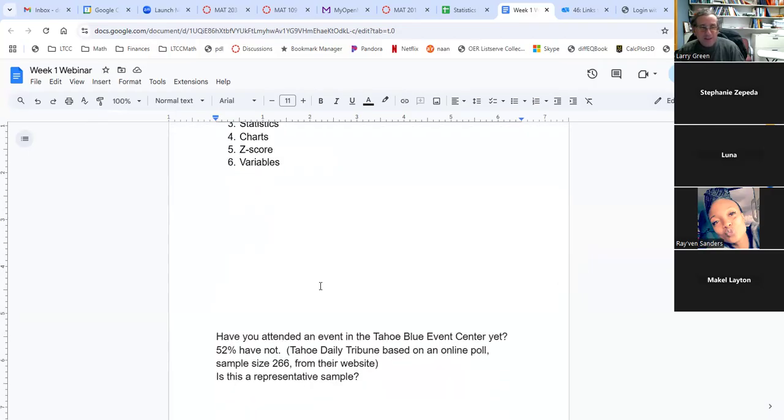Let me give you something that I read. I don't remember where everyone is from, but I'm in Tahoe, and Lake Tahoe Community College is in Tahoe. So I read the Tahoe Daily Tribune, which is one of our big news outlets. It used to be newspapers, but now it's news websites. One of the things that they had is the results of a poll that they did.